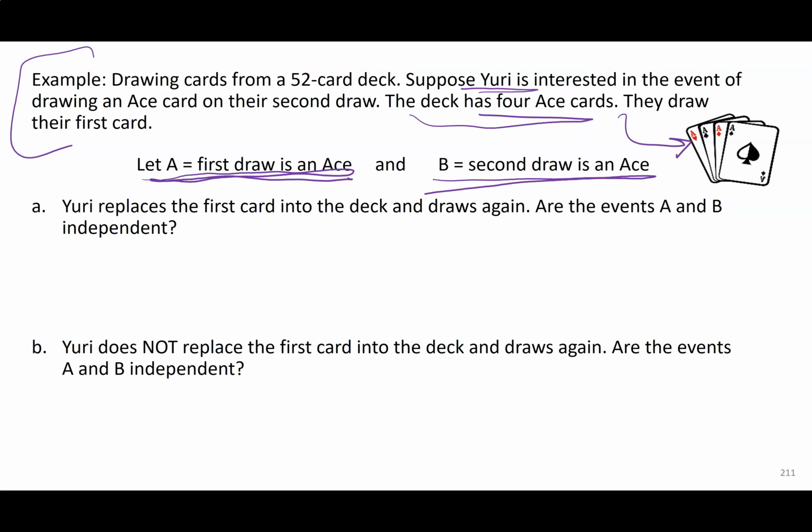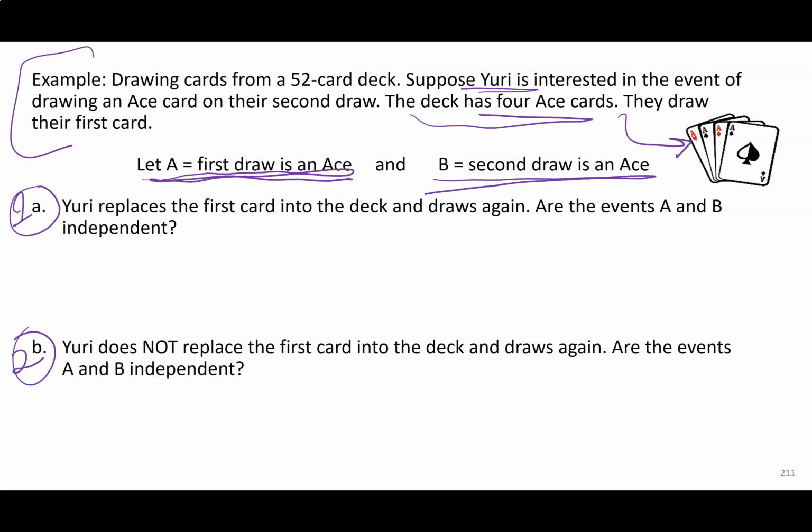I'm going to have 2 scenarios, scenario 1 and scenario 2. In scenario 1, Yuri replaces the first card into the deck and draws again. Are the events A and B independent?